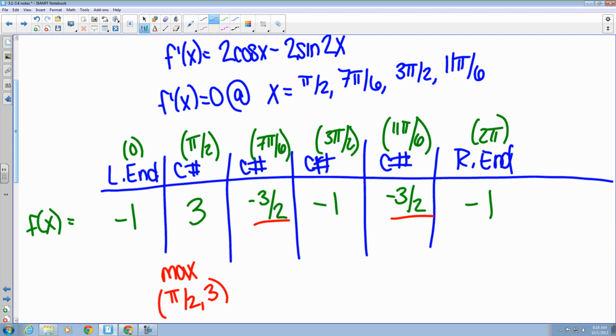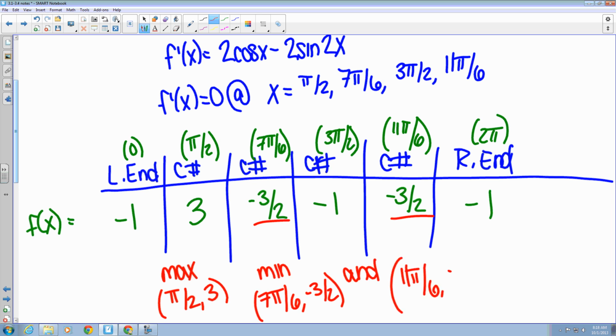And we actually have 2 that are the smallest. So we can, in fact, have 2 minimums: 7 pi over 6, -3 halves, and 11 pi over 6, -3 halves. And that's actually it. So that's section 3.1.